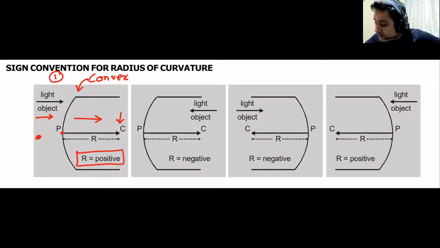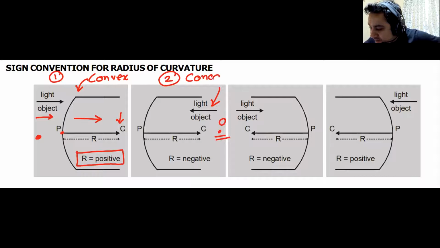Now look at case number 2. What will you call the surface? You call the surface depending on where the object is placed. Here the object is placed somewhere here because light is coming from this side. Do we understand this? Sir. Now this surface for this particular case becomes a concave surface.